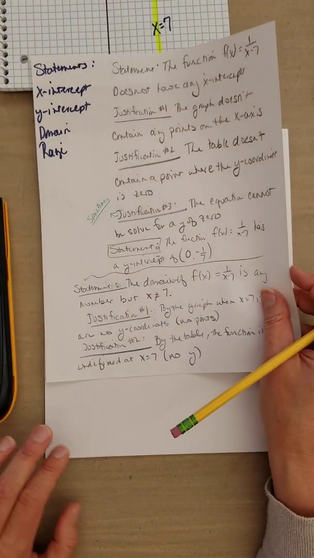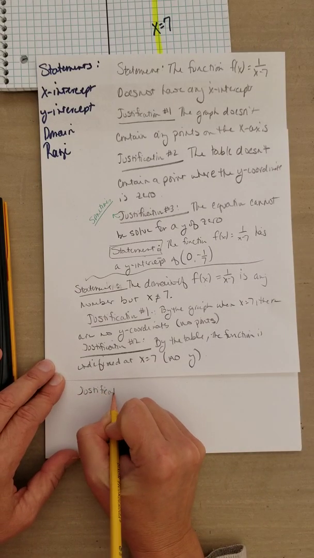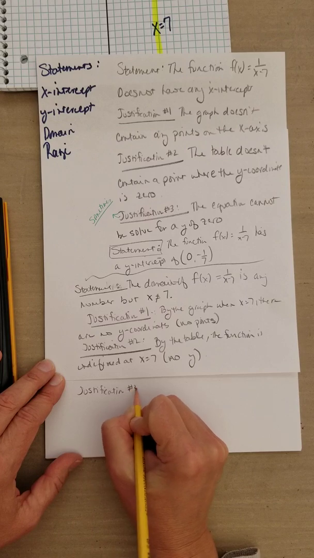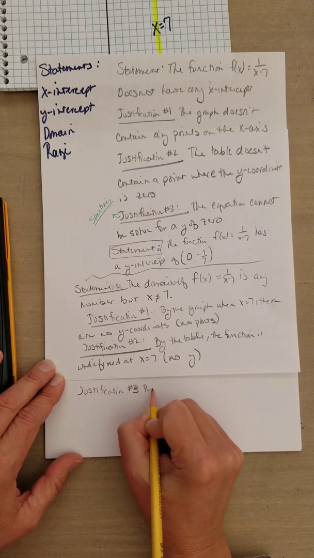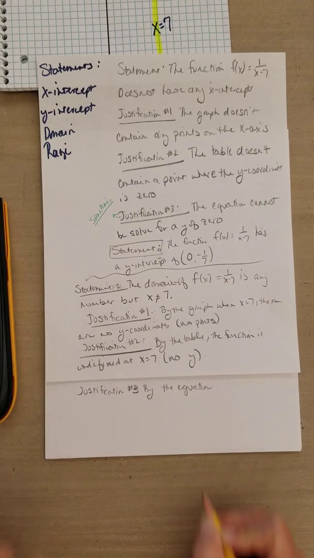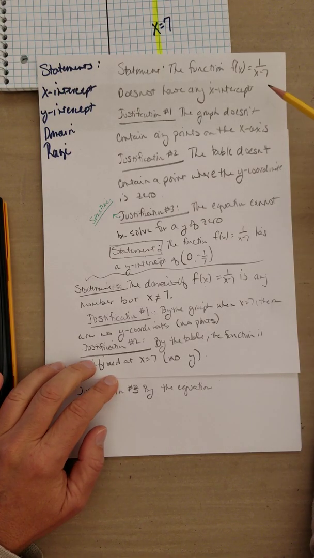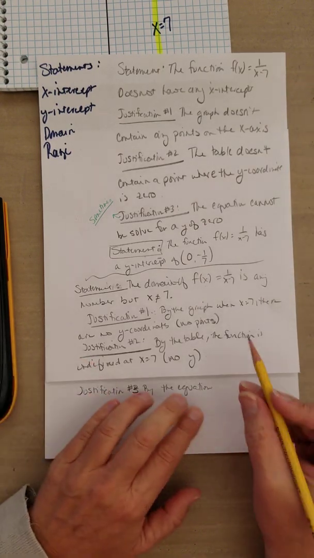And then, let me just add this one down to the bottom here, justification number 3. By the equation. Okay? By the equation, any x, we can put any number in for x here, except the number 7 because it makes the denominator 0.